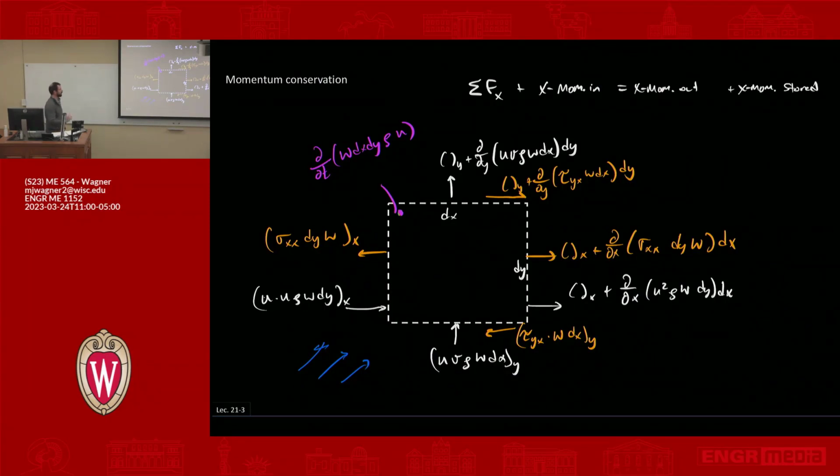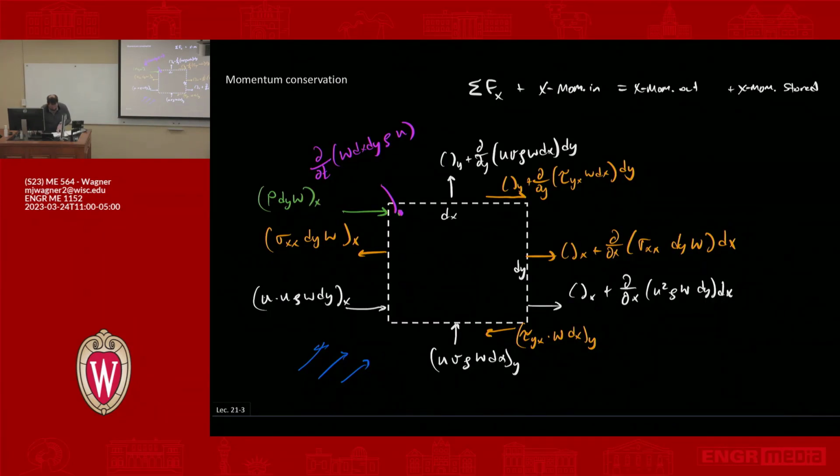What other forces are going to act on this control volume? Any other ideas? Pressure. Yes, thank you. Pressure is going to act on this. So we'd have on the left side P times the area dy w.